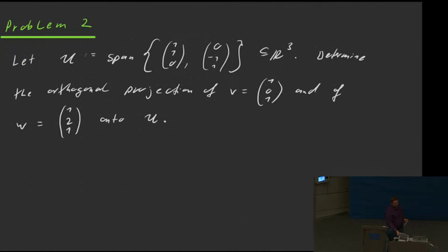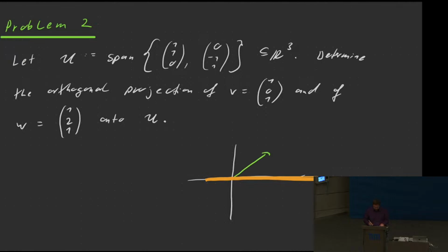Okay, we did this in 2 dimensions multiple times. You might remember, let me just quickly sketch that. So let's say here is our space U, a little larger, this is our space U here. And let's say this is the vector we want to project.